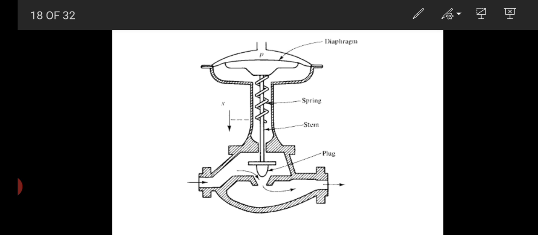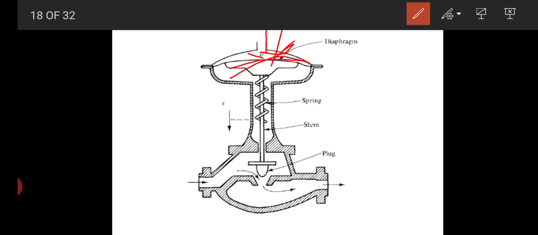The first term is force. Here the force is given in the form of pressure, since force is defined as pressure times area. It is the force exerted by the compressed air transferred to the diaphragm, provided at the top of the diaphragm.